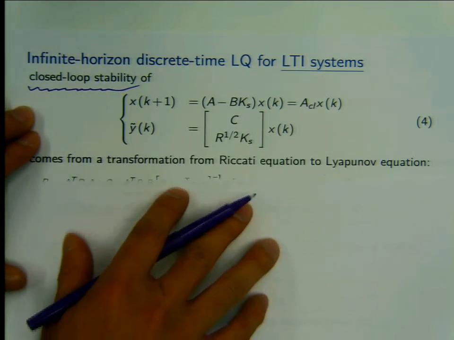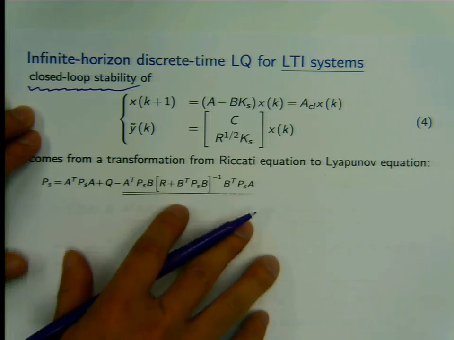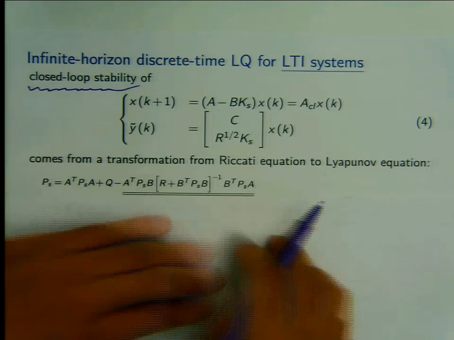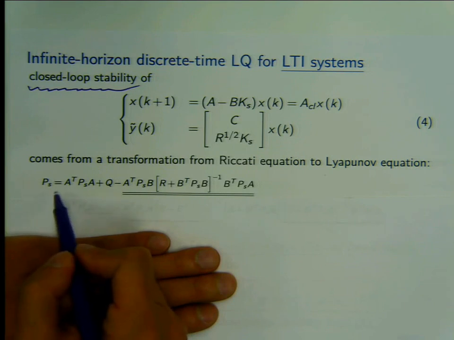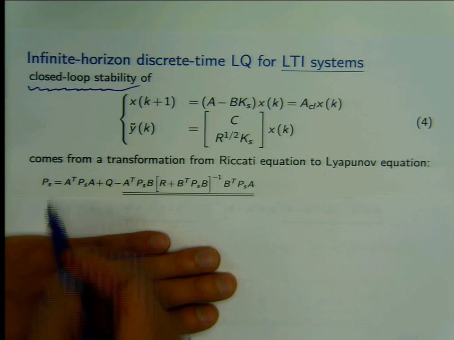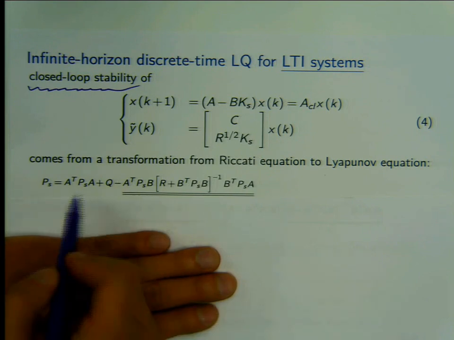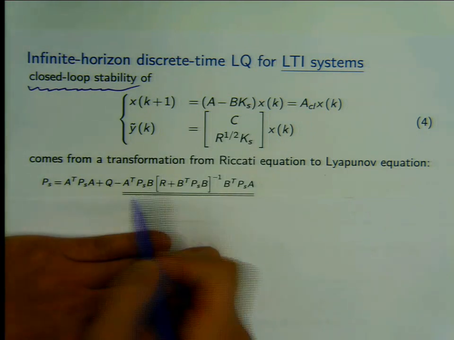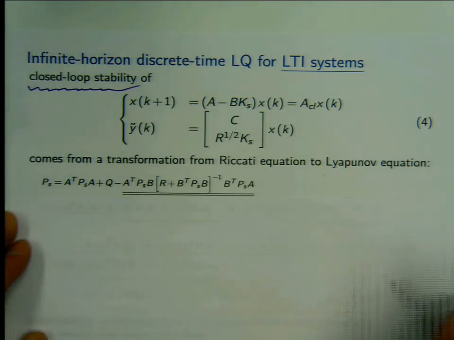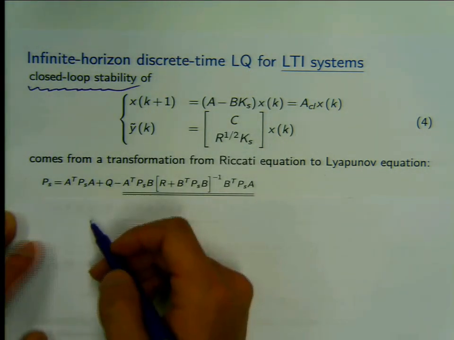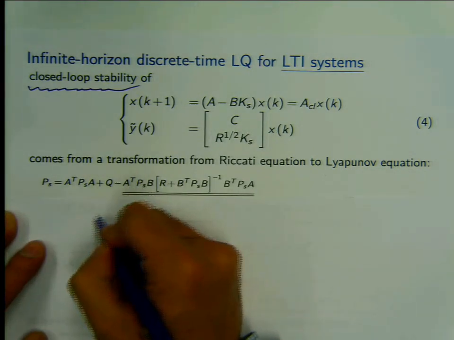Let's see. I'll start by recalling this algebraic Riccati equation over here. I mentioned to you that if you look at this, this is sort of like a quadratic function of P. Okay? And it looks actually very much like a Lyapunov equation. If you recall the standard Lyapunov equation, what's over there?